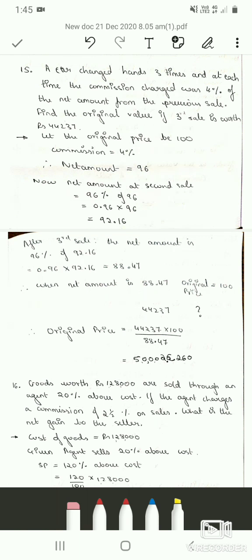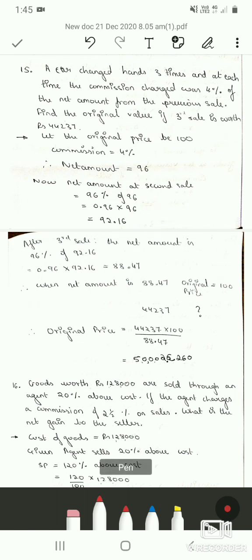At every sale an agent gets a commission of 4% of the net amount from the previous sale, and they have given that the third sale is worth rupees 44,237. With this information we have to find out the original value of the car.